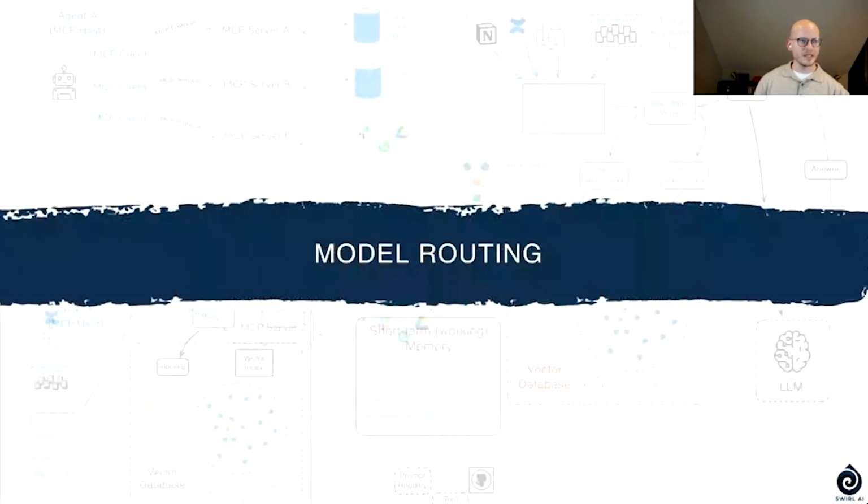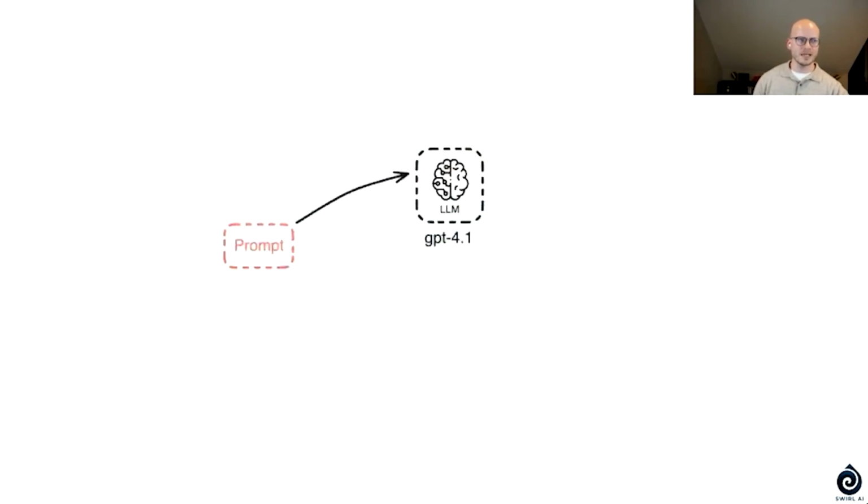Then another piece is model routing, and this might be, you could say, obvious, but it is a very important piece of making sure that your system continues to operate if one of the model providers that is powering your entire system goes down or malfunctions. So basically, very simply, you have a prompt, you send it to a specific model provider, you fail to get the answer back, then you retry.